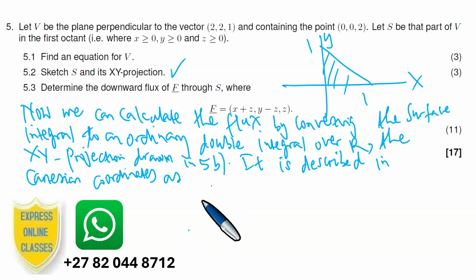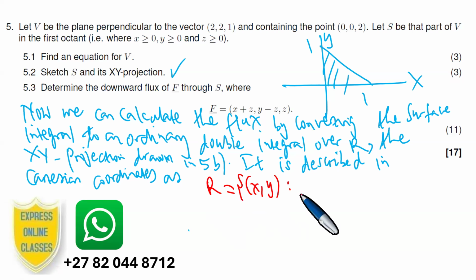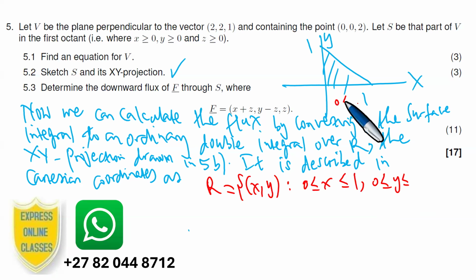So you can write it as R equals (x, y) such that 0 is less than or equal to x less than or equal to 1. X is this one. So x is between 0 and 1, but also y is between 0 and 1.